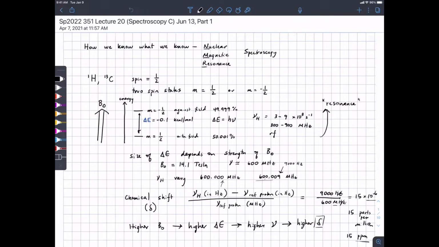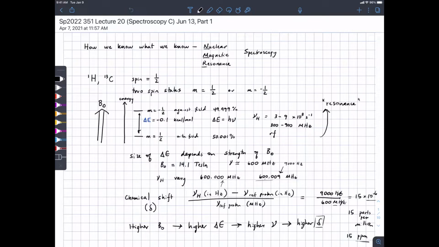We're going to talk a little bit about how it works, but for the most part, you don't need to understand the physics in order to be able to use it. But the basic principle is that protons and neutrons have a quantum property called spin, and some nuclei have net non-zero spin.